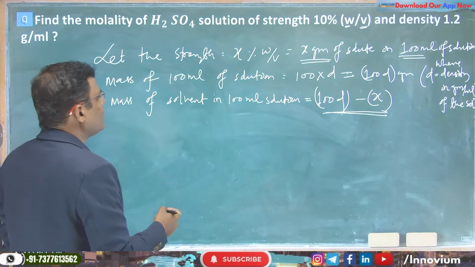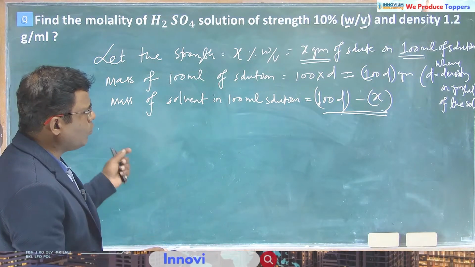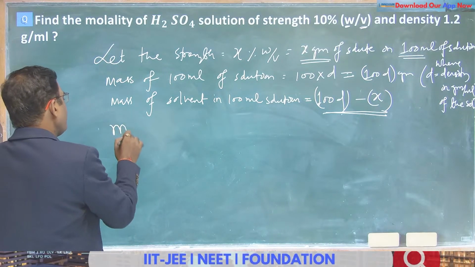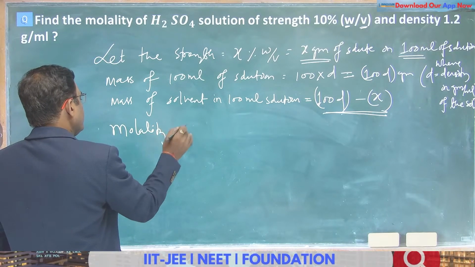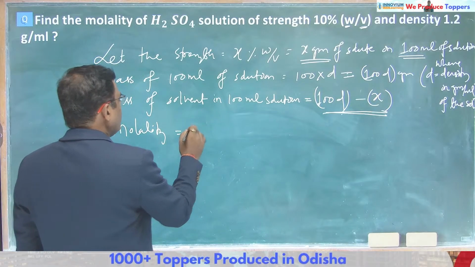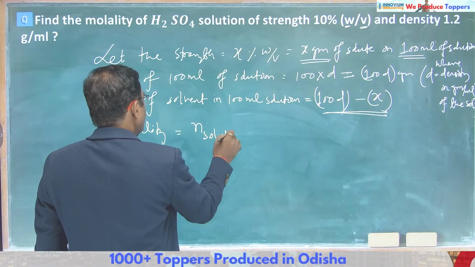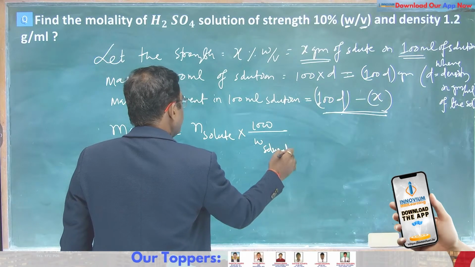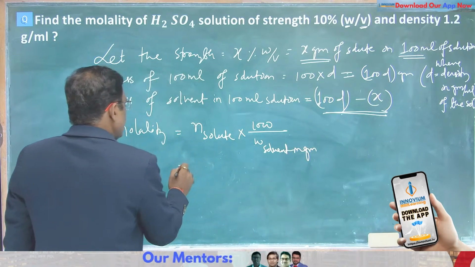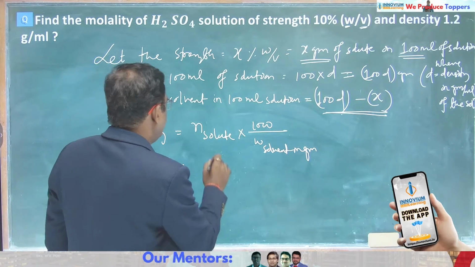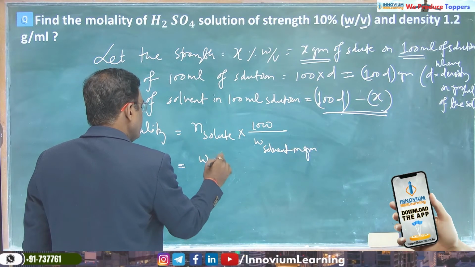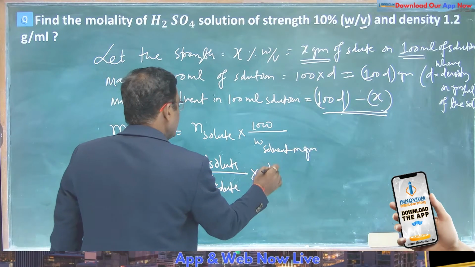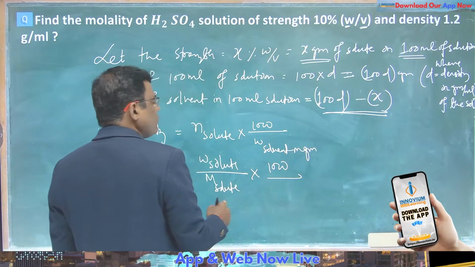Then what is the molality? Go directly to the basic formula of molality, which is equal to the number of moles of solute multiplied with 1000 by mass of solvent in gram. The number of moles of solute is W solute by molar mass of solute, multiplied with 1000 by W solvent in gram.